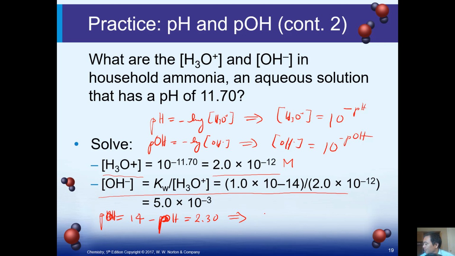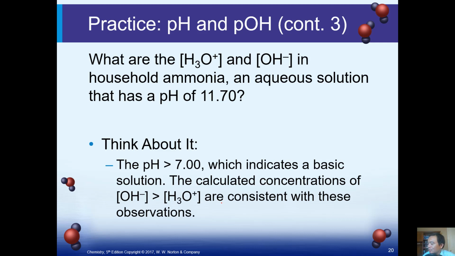All right. So you do know OH minus concentration will be 10 raised to negative 2.30. This will also give you 5.0 times 10 raised to negative 3 molar. So that's another way to do the calculation of a hydroxide.